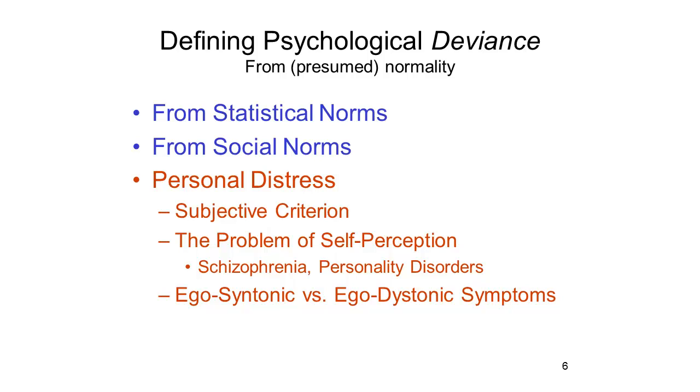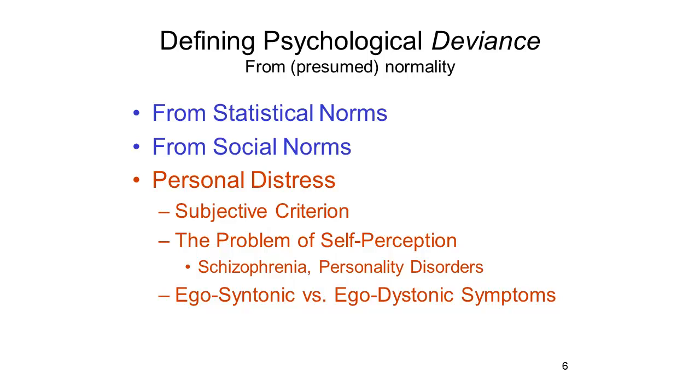In the first place, people's self-perceptions are not always accurate. Some people believe they're ill when they're not, but more important in the present context, some mentally ill people do not believe they're mentally ill and resist diagnosis and treatment. This is a particular problem in schizophrenia and in a particular category of mental illnesses known as the personality disorders.